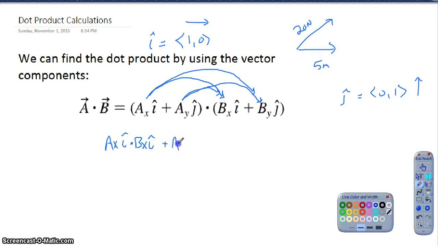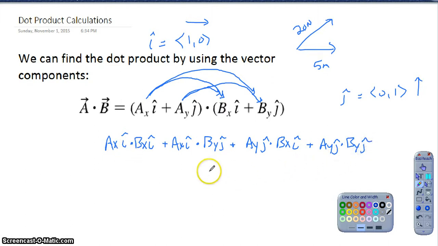So I've distributed my first term, now I distribute my second one: plus AYJ dot product BXI, and then finally plus AYJ dot product BYJ. Obviously all the variables and subscripts kind of make it sound confusing, but if you take one step at a time, it's not too bad to distribute this out.